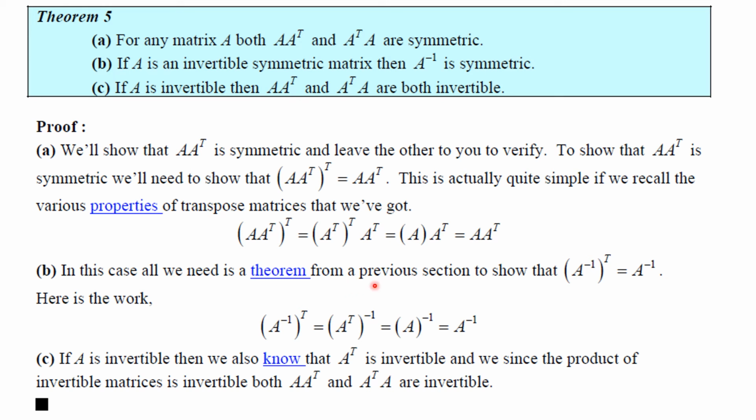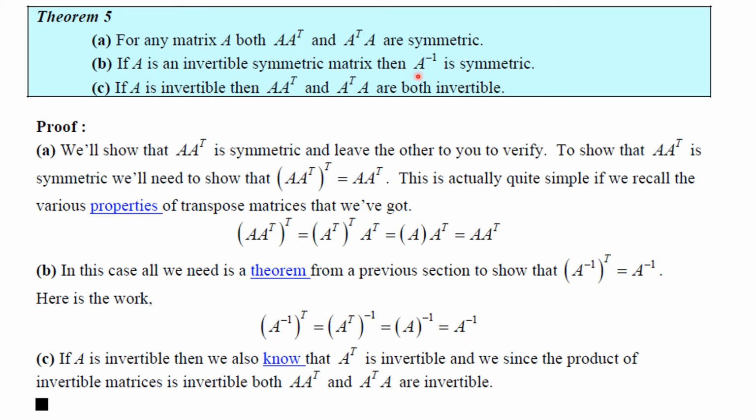Now here we need a theorem from a previous section to show that the transpose of the inverse is the inverse of the transpose. And here's the work. So A inverse transpose is equal to A transpose inverse. But A transpose is the same as A because it's symmetric, and therefore the transpose of the inverse is the inverse itself.